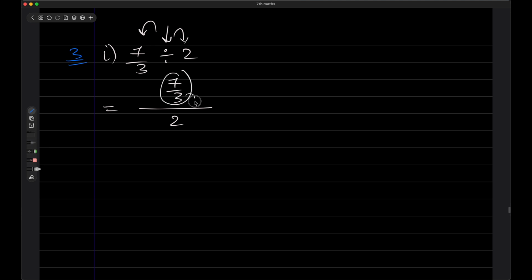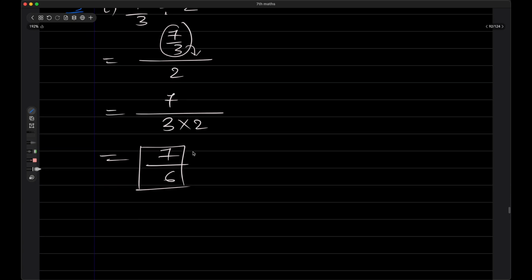Now for all the fractions, send the denominator to the opposite side, that is send 3 to the opposite side of the division line, 7 as it is, send 3 to the opposite side and 2 as it is. Now the product, that is 3 into 2 is 6, and 7 by 6 is the answer.